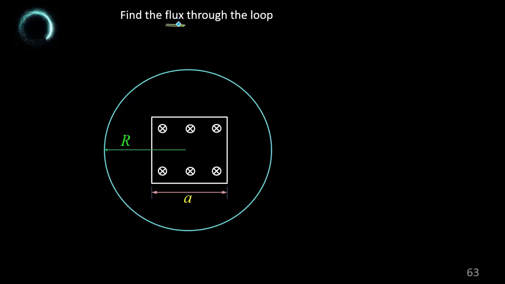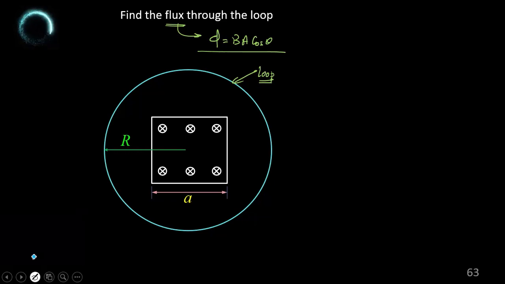So flux is what? We have already said that flux is equal to B into A into cos theta. This is the expression. Now let us say this is the loop, and inside the loop there is a square region inside which is the magnetic field. So whenever you are calculating the flux, that area is nothing but the area inside which the magnetic field is.